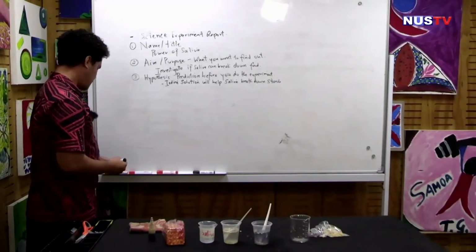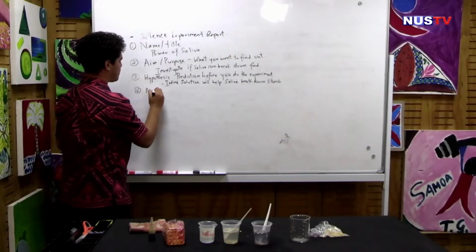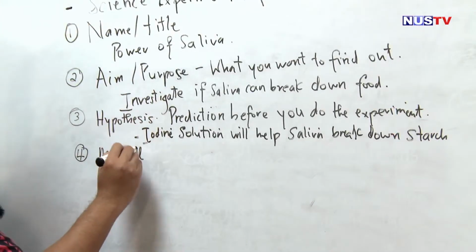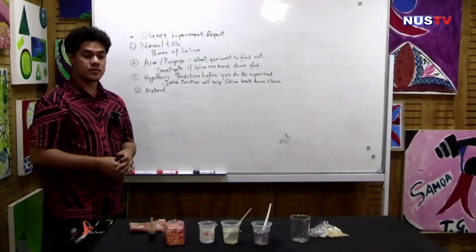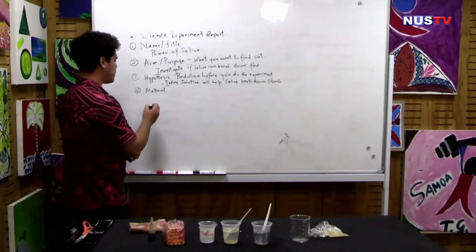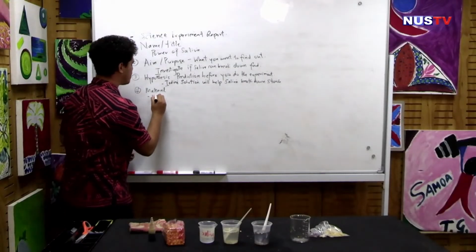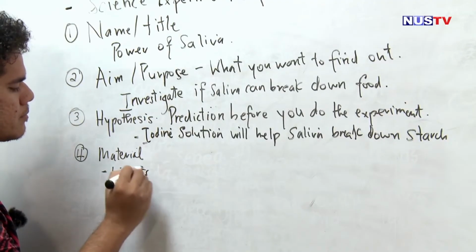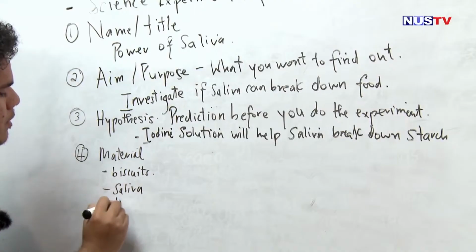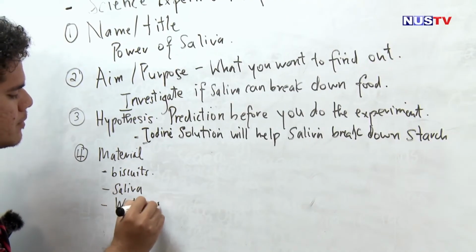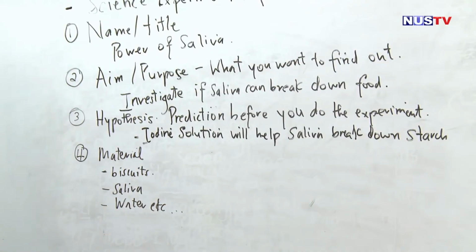So the next step would be the materials. In this part, you have to write all of the materials that you have used in the experiment. For example, materials: biscuits, saliva, water, and so forth. Okay, is that clear?